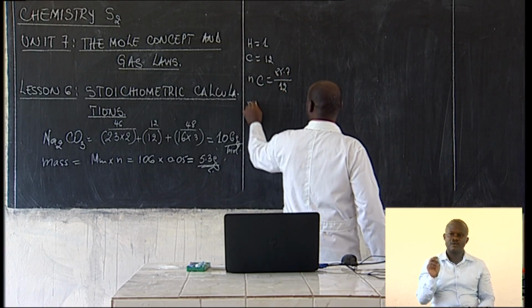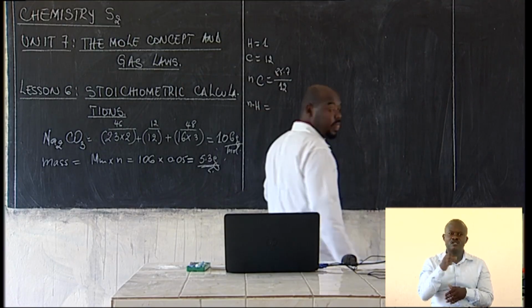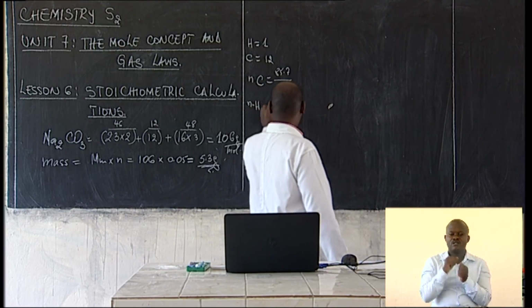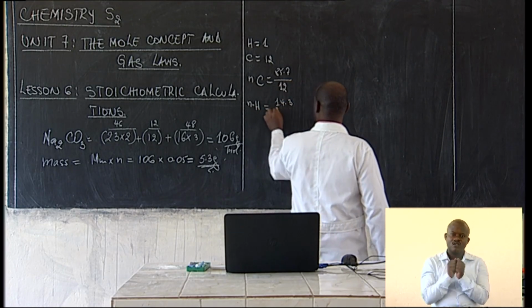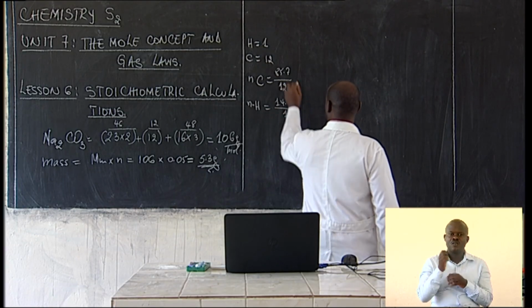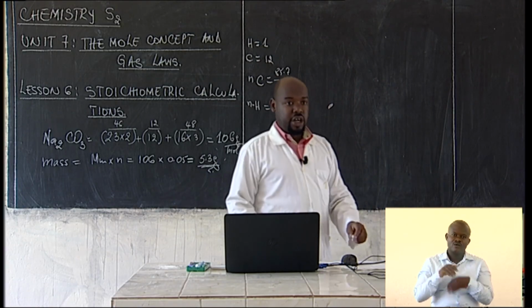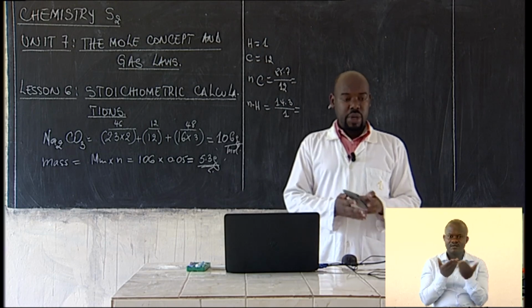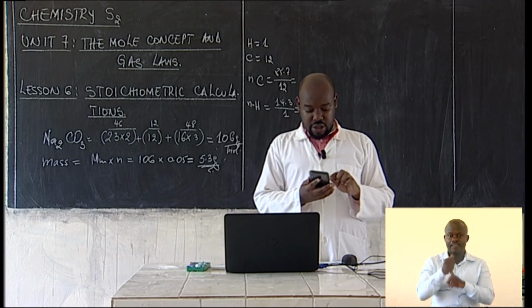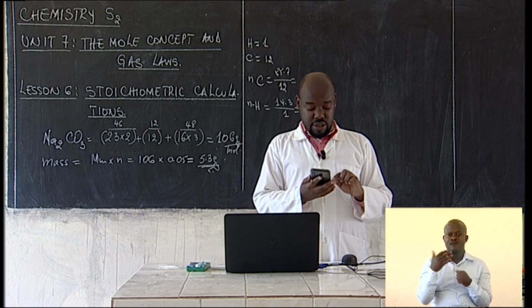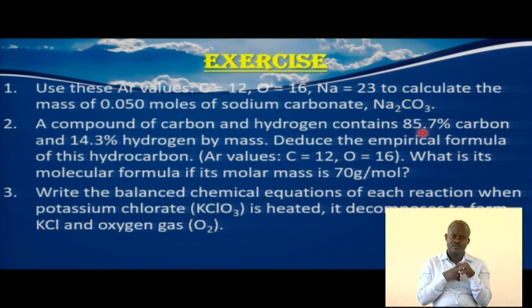And for hydrogen, we have 14.3 over 1, and what do we get? Use your calculators, please. Here we get 85.7 over 12. We get 7.14.